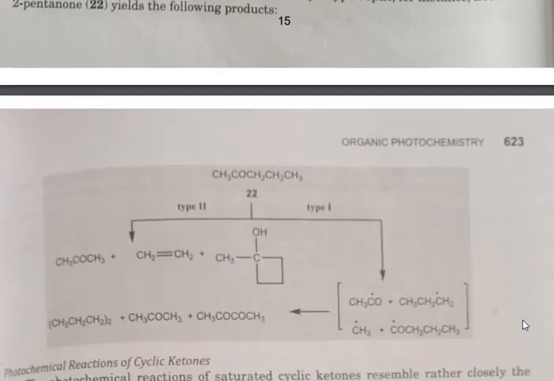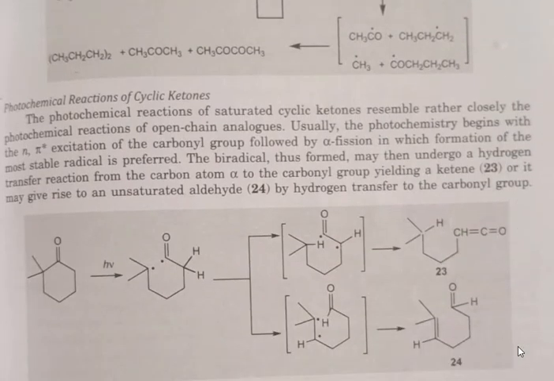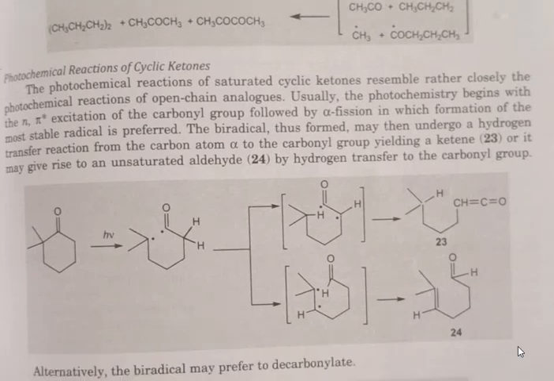Look here. You have one substrate, 22. In Norrish type 1 there is a product formation, and in type 2 there are three products. So this is the chemistry of Norrish type 1 and Norrish type 2 reactions. Just remember. Now here you can see the photochemical reaction of a cyclic ketone.